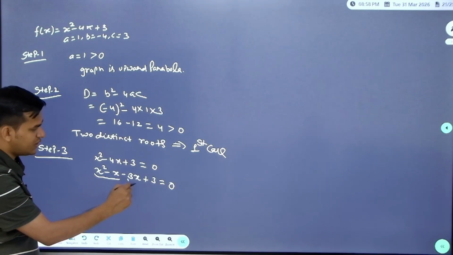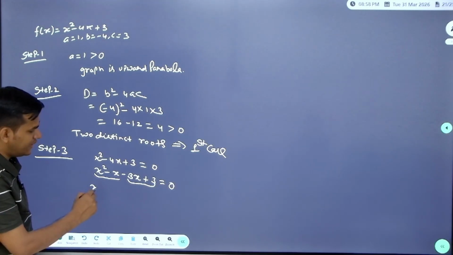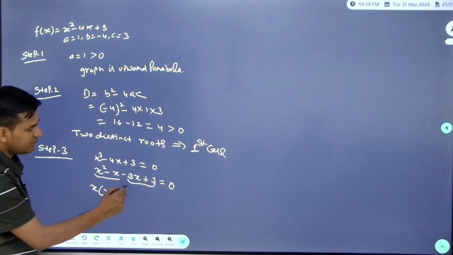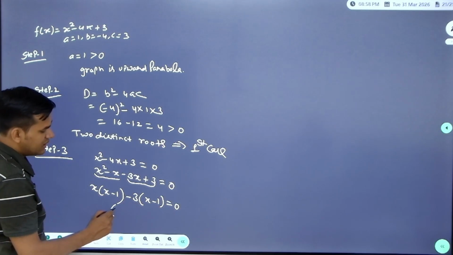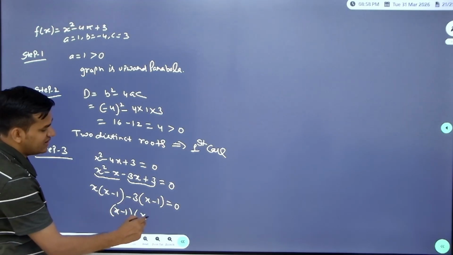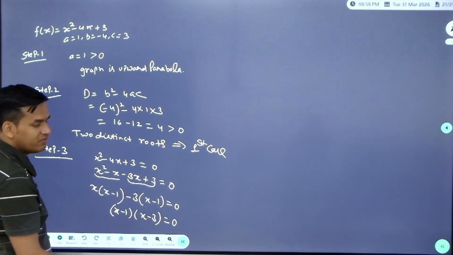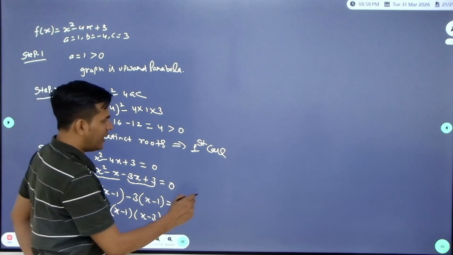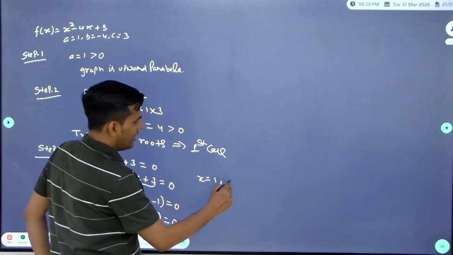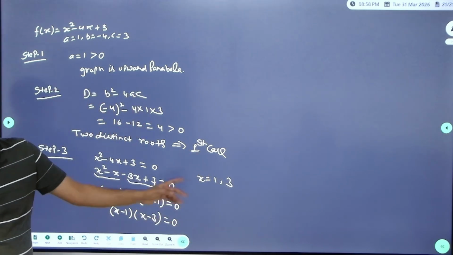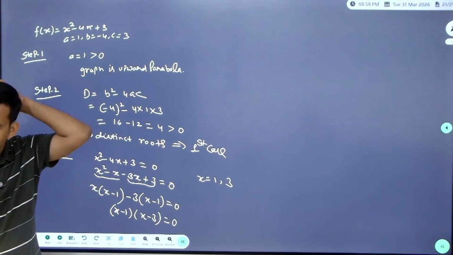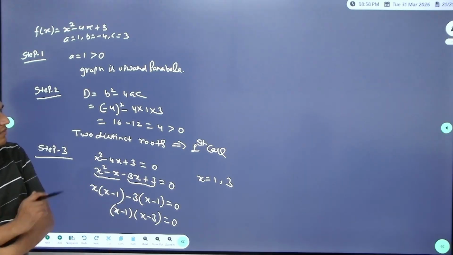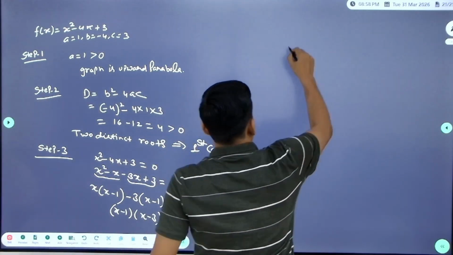Grouping these two and these two: x into x minus 1 minus 3 into x minus 1 is equal to 0. So x minus 1 into x minus 3 is equal to 0. It gives you x equal to 1 comma 3. These two are zeros of the polynomial. Okay? x equal to 1 and 3. So the graph will be like this.